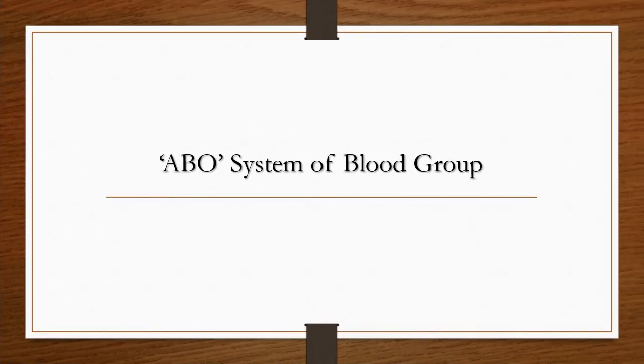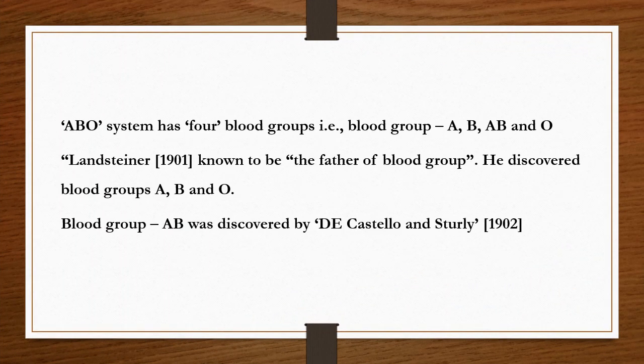Let's discuss the ABO system of blood group. The ABO system has four blood groups.